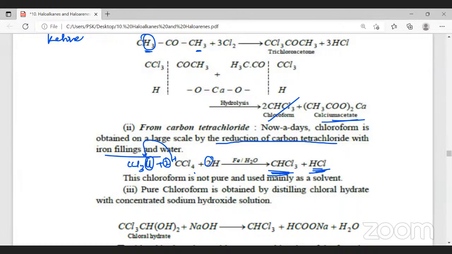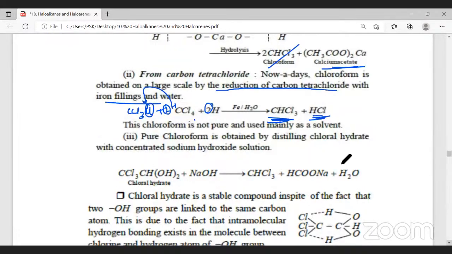So pure chloroform is obtained by distilling chloral hydrate with concentrated sodium hydroxide. What is chloral hydrate? Chloral, I told you, trichloroacetaldehyde, CCl3CHO, is called chloral. Chloral hydrate means this, with two OH groups.